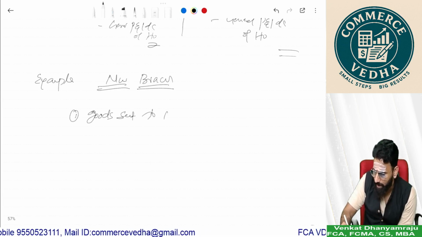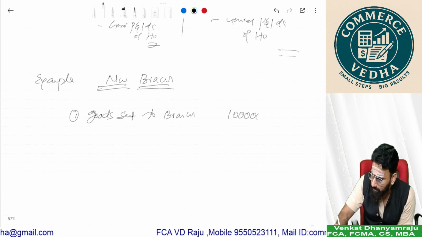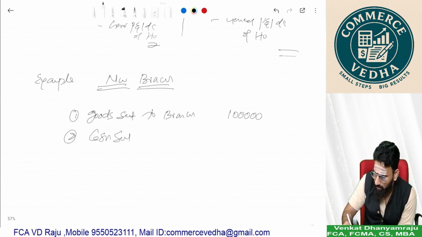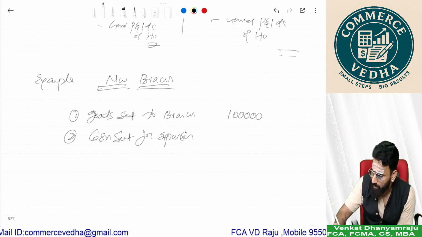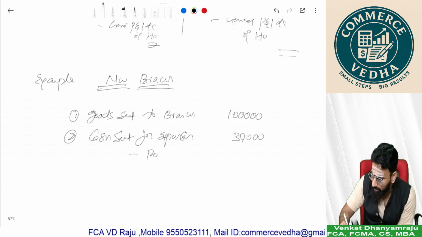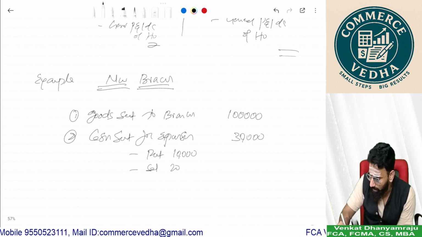Goods sent to branch, say 1 lakh. Number 2, cash sent for expenses, say 30,000, which is rent 10k, salaries 20k.